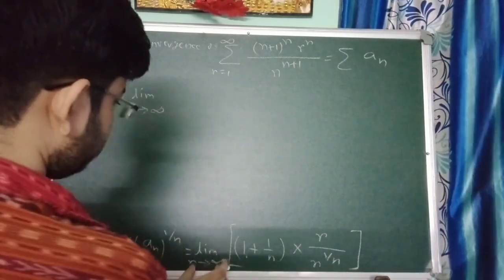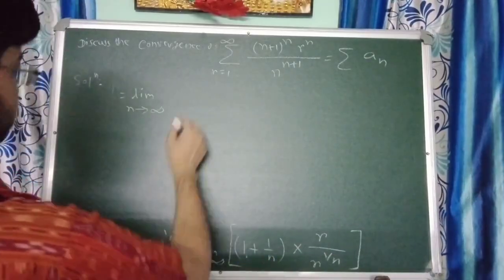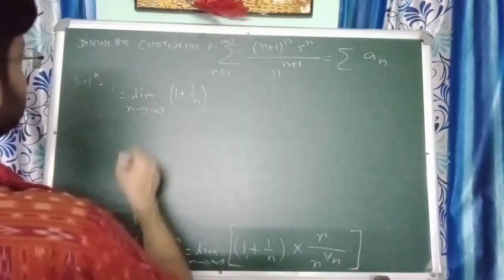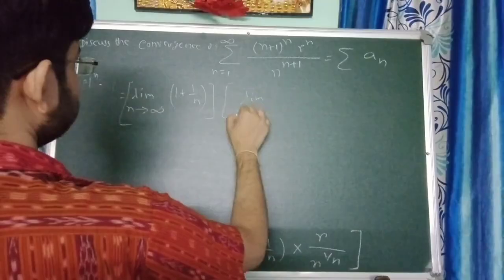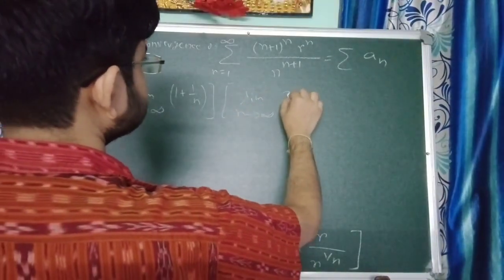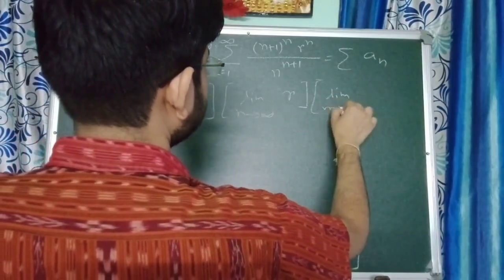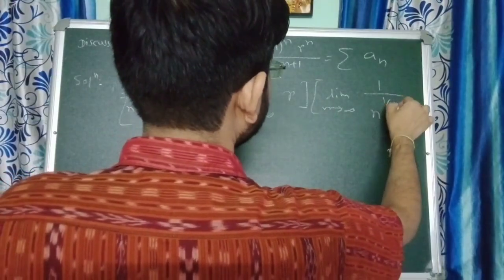Now taking limit n tending to infinity both sides, here and here also. So we have (1 plus 1 by n) into limit n tending to infinity r into limit n tending to infinity 1 by n to the power 1 by n.